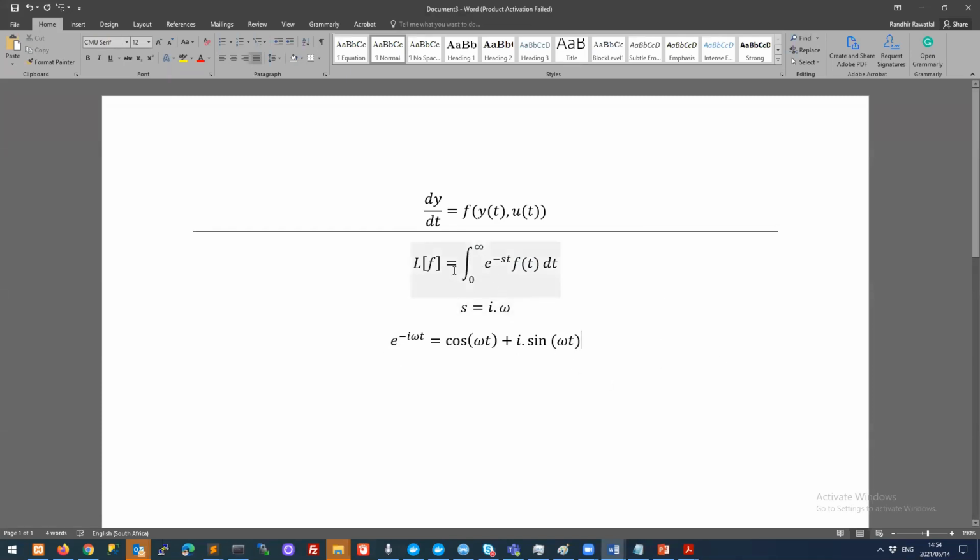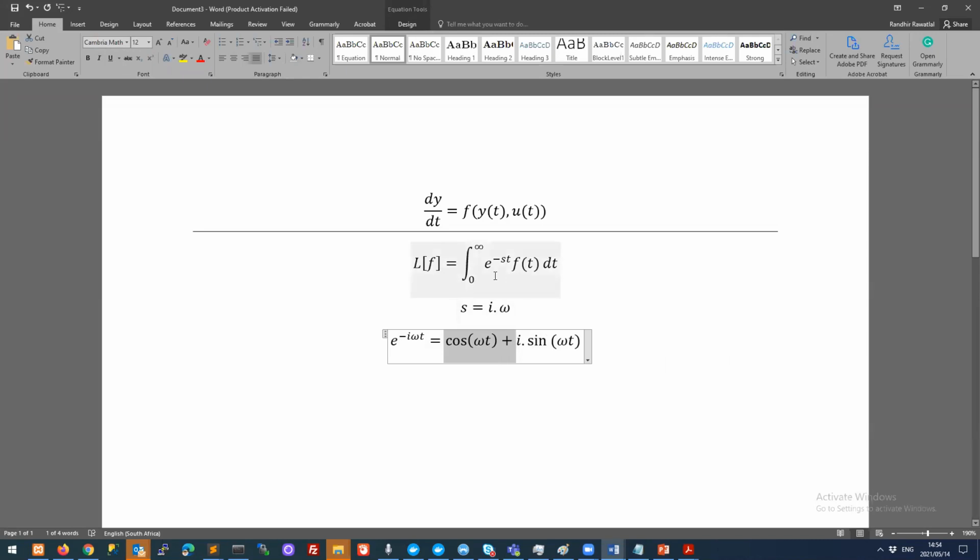So when we create our Laplace transform and we stick in this complex number, we are getting this. So you can see a cos function. Maybe let's not worry about the sine side as yet. So we have a cos function here.